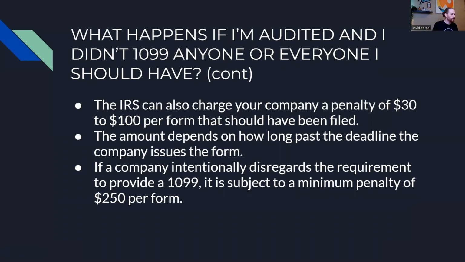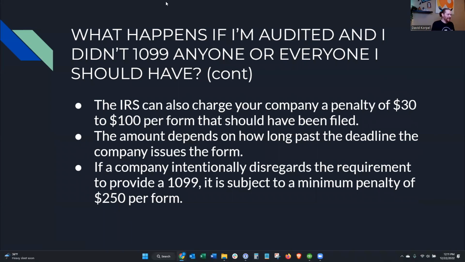The IRS can charge your company a penalty of $30 to $100 per form that should have been filed. I said, wow. The amount depends on how long past the deadline the company issues the form. If a company intentionally disregards the requirement to provide a 1099, it's subject to a minimum penalty of $250 per form.